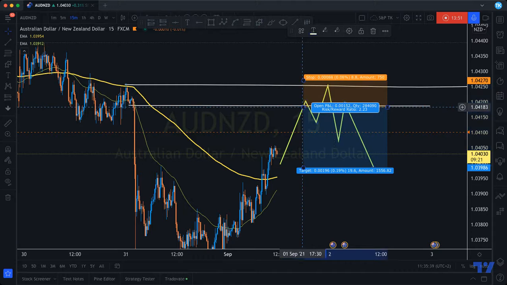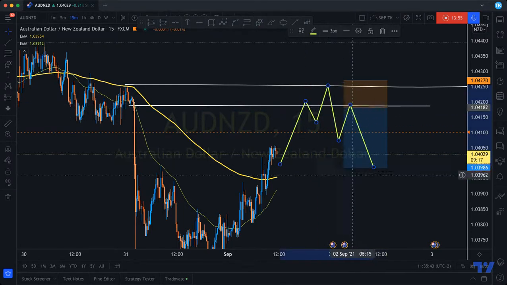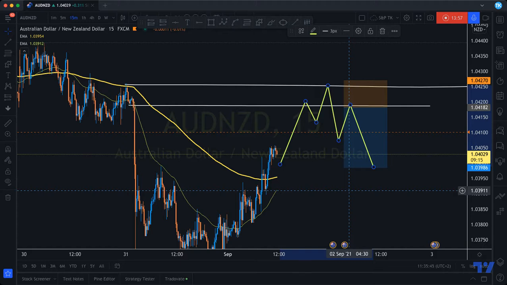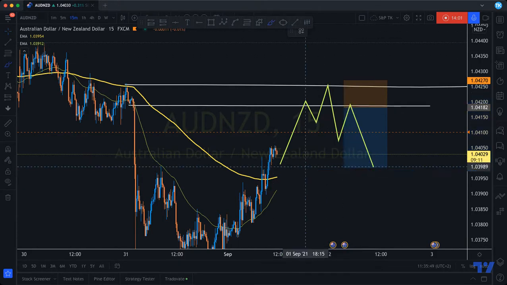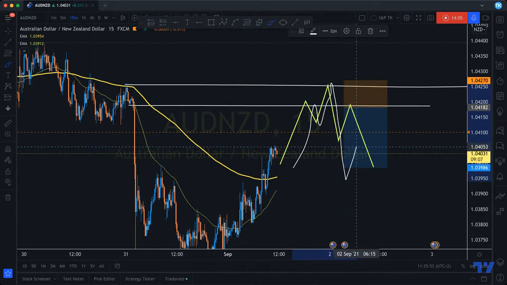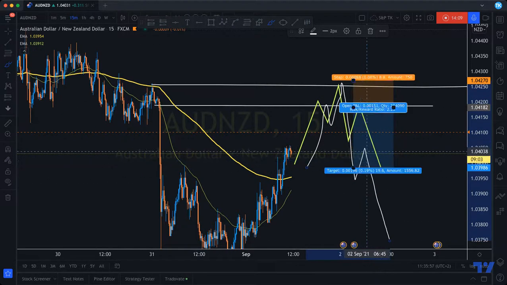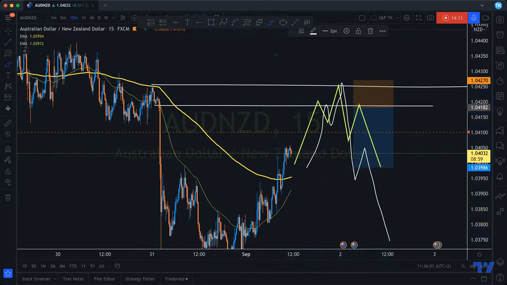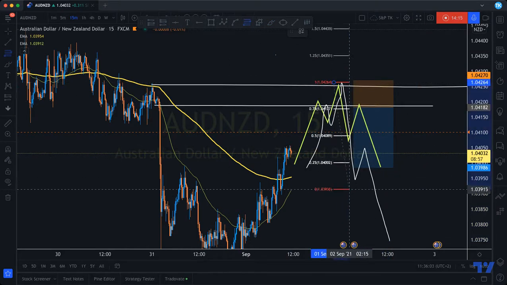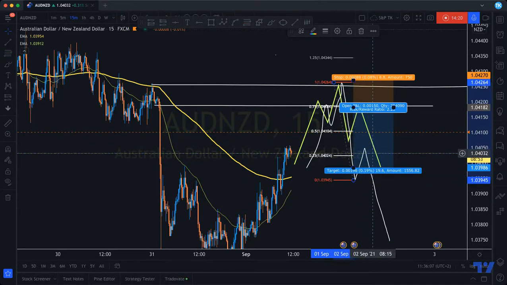I enter here. A lot of the time it happens that price will do like this, move, and then boom. I will not enter here because we are in a discount area, below the 50, so I miss this chance.